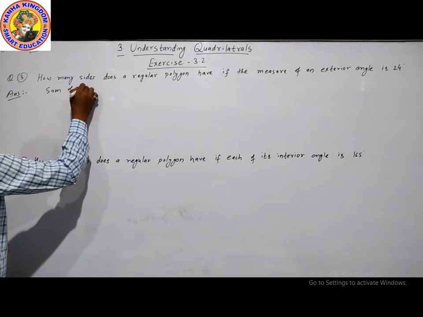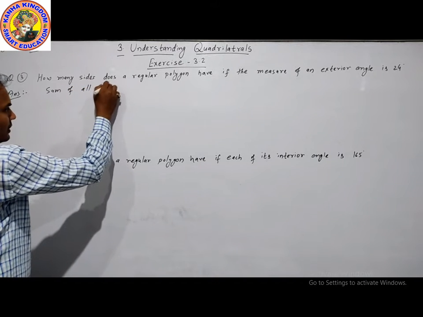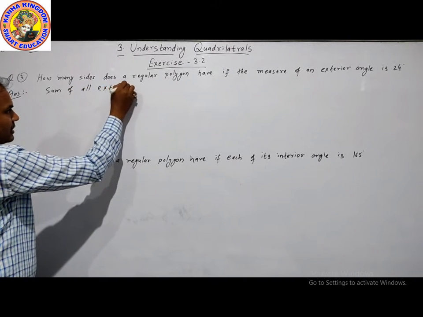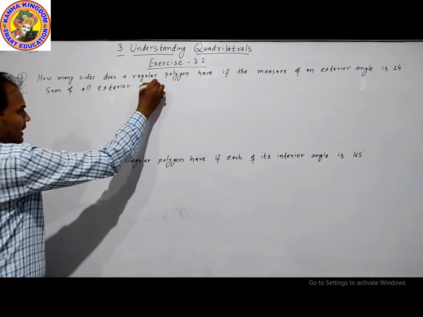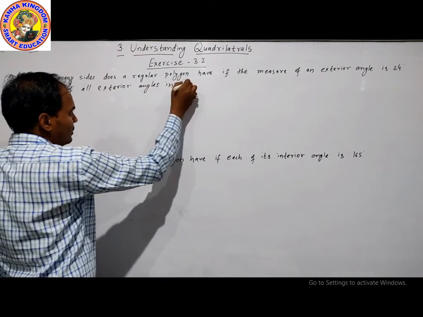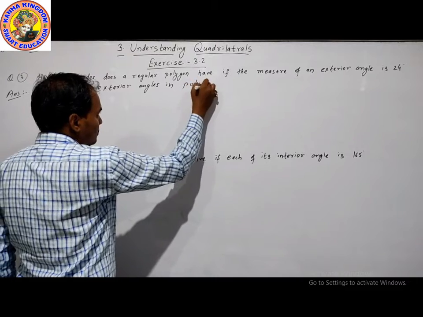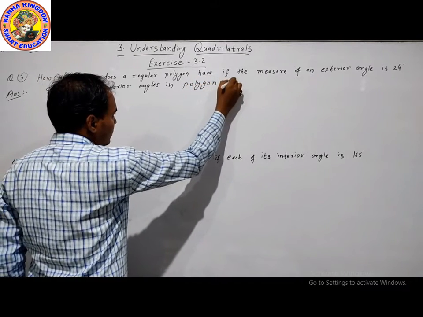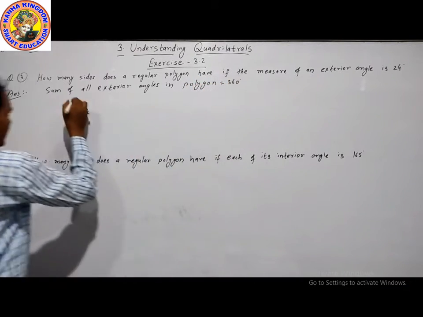The sum of all exterior angles in a polygon is equal to 360 degrees.